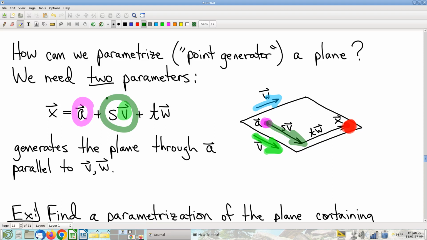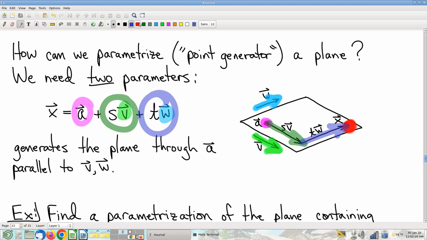And then, of course, I've got W still parallel to the plane, and so I can multiply it by some scalar, move by some amount in that direction. Still parallel, and so again, in the plane plus parallel to the plane keeps me still in the plane.